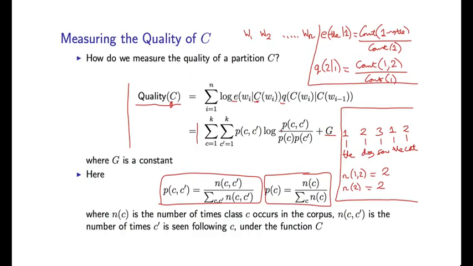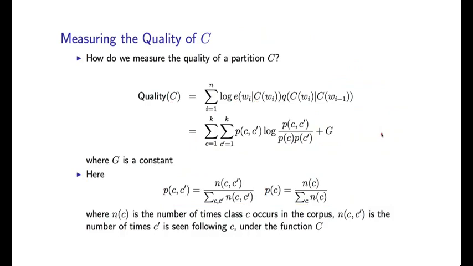This identity just follows through a few lines of algebra. So that's the most important point, really, that we have a simple way of evaluating a clustering, and it has this relatively simple form. And actually, just very briefly, for those of you who might have seen some information theory, this is actually the mutual information.